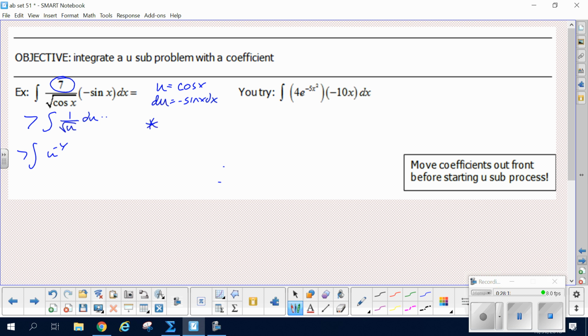That then is power rule-ish. U to the negative 1/2. What is the antiderivative of u to the negative 1/2? Raise it by 1, so u to the 1/2, and divide by the new exponent. Dividing by half is the same as multiplying by the reciprocal. Do you agree with my antiderivative of 2u to the half? Yes. Okay.